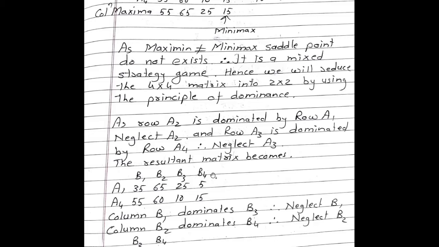Now we will compare column wise. Column B1 and B3. So 35 is greater than 25, 55 is greater than 10. So B1 dominates B3. So neglect B1.